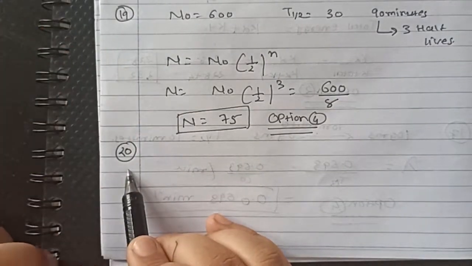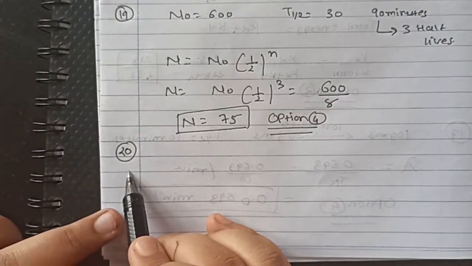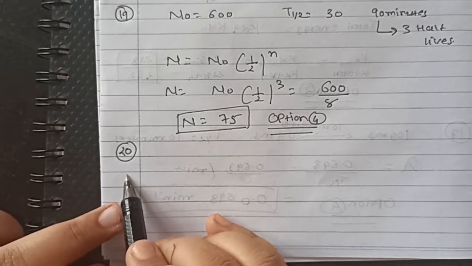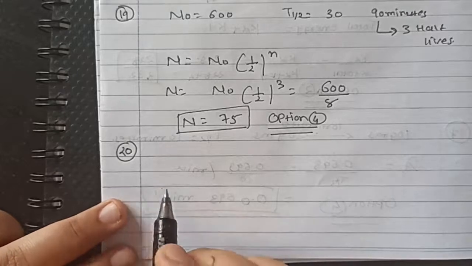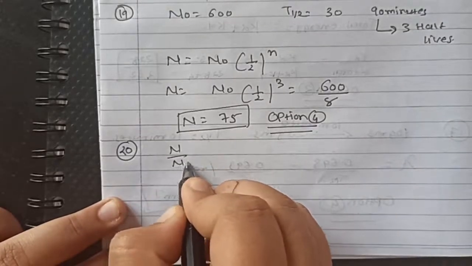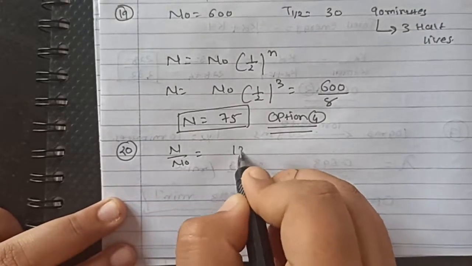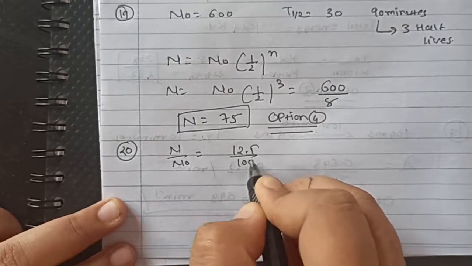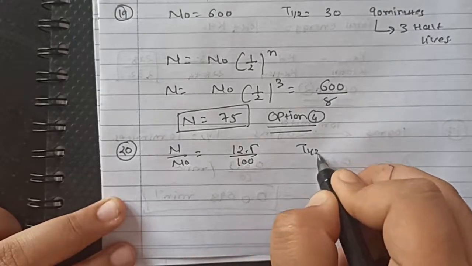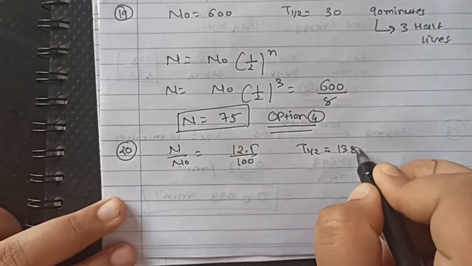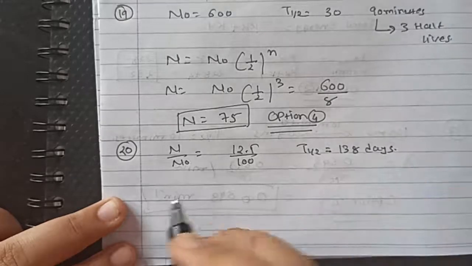In question number 20, after a certain lapse of time, the fraction of radioactive polonium undecayed is found to be 12.5%. So N by N0 is equal to 12.5 divided by 100. We want to find the duration of this time lapse given the half-life is 138 days.